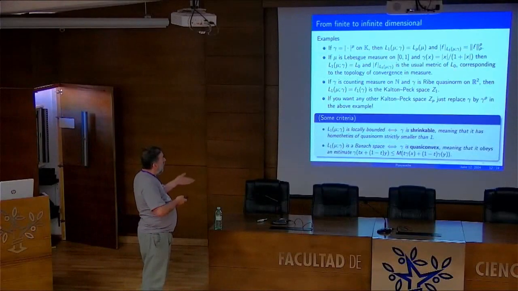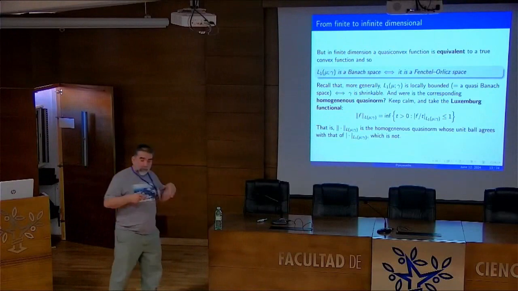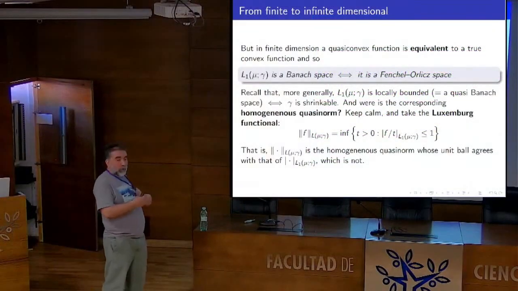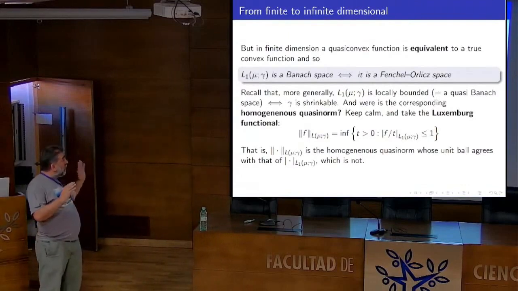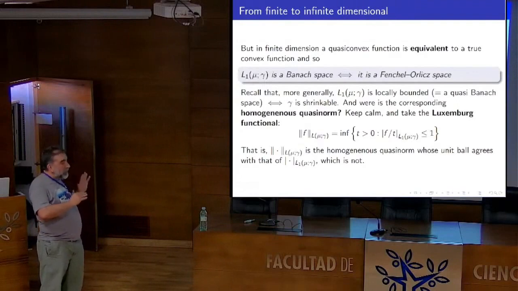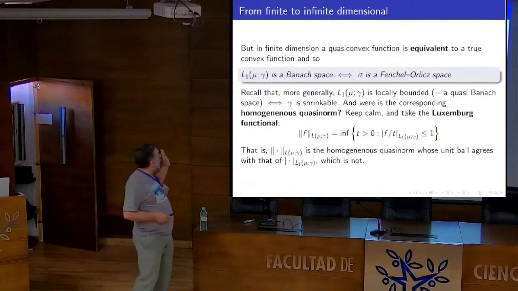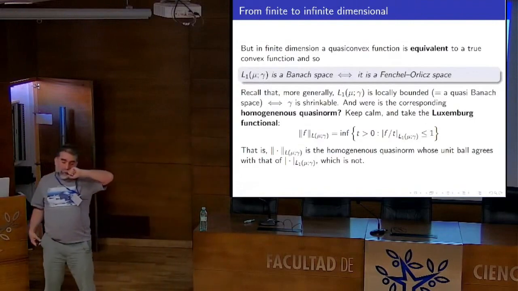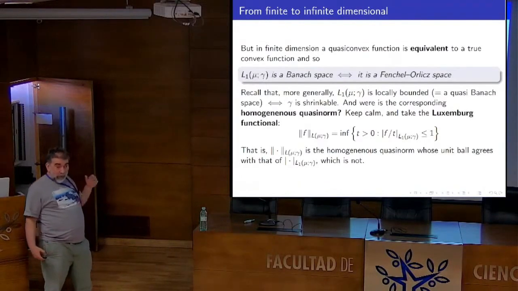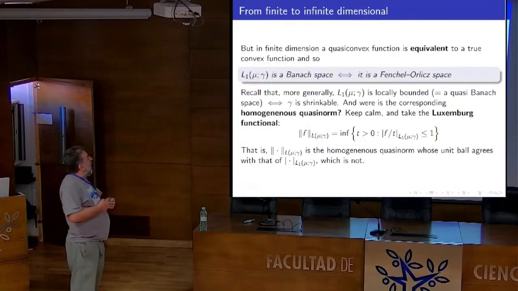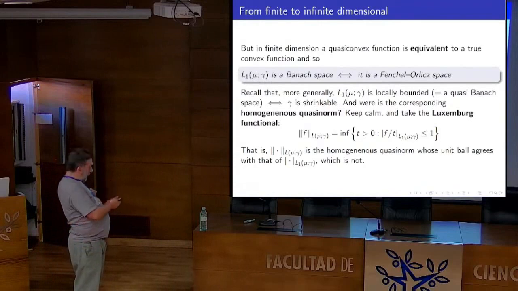But quasi-convex functions in finite dimensional spaces are equivalent to truly convex functions. So, at the end, what we find in the intersection of L1 groups and Banach spaces are the Fenchel-Orlicz spaces, which are a relatively famous class of Banach spaces. Okay, so in some cases you can get Banach spaces.